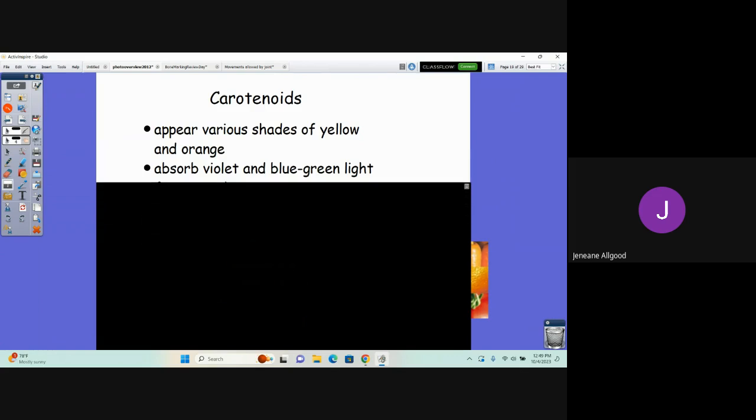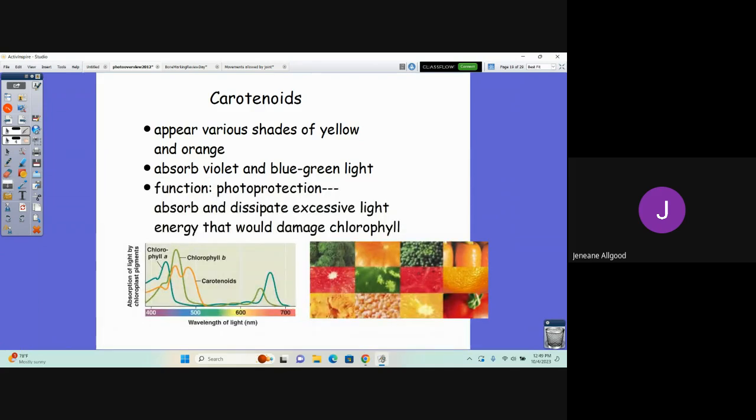Instead, it's going to absorb violet and kind of like a blue-green shade of light. And these serve a protective function.